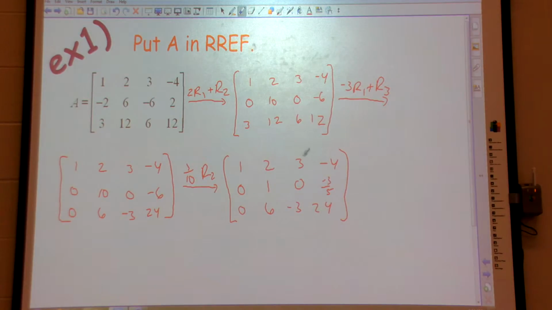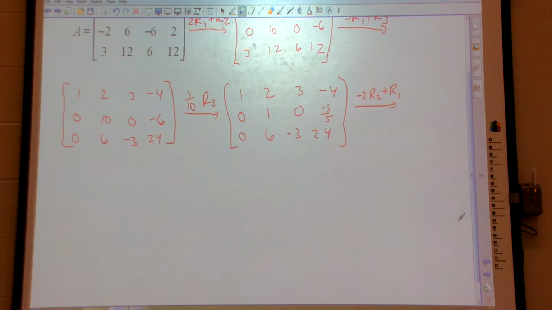Okay? So now I've got a 1 in that column. I need to work on making these be zeros. Yeah? So let's focus on this 2. Using my 1, what would I do to make that be 0? -2 times row 2, plus row 1. That's where I'm putting it, right?